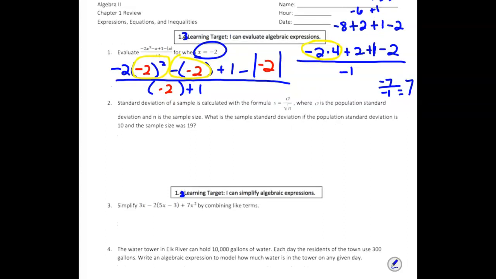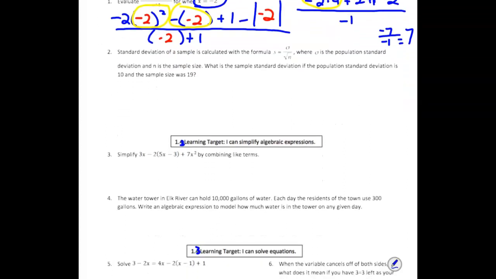All right, second question. Standard deviation of a sample is calculated with this formula, S equals sigma divided by the square root of n, where sigma is the population standard deviation and n is the sample size. What is the sample standard deviation? If the population standard deviation, which we said was this sigma notation, they are giving that value of 10 and the sample size was 19.